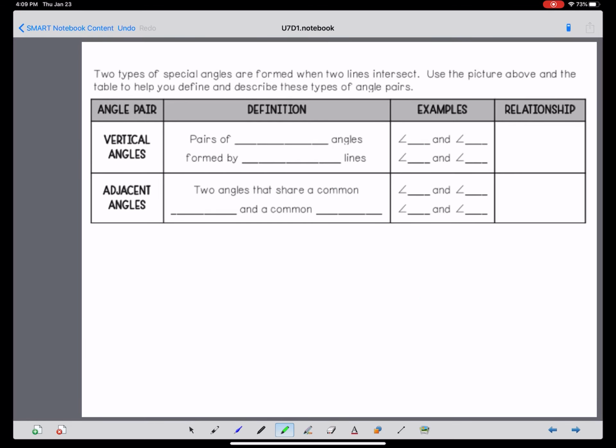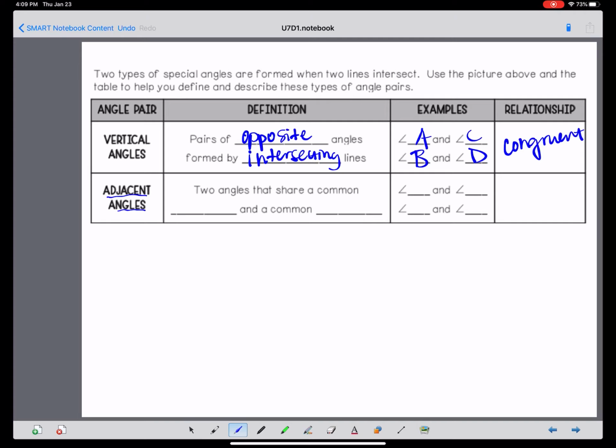So let's go ahead and write that down in our notes. And they are also congruent. We did write that down. The next one is adjacent angles.